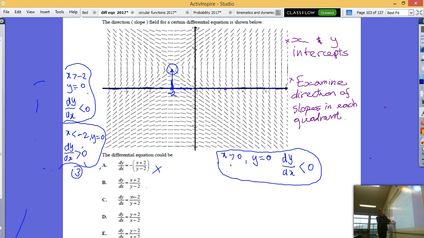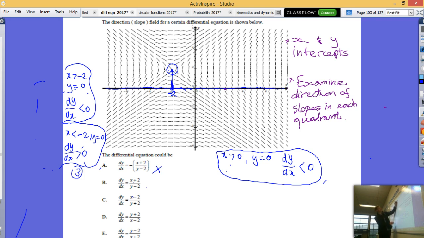The numerator is negative, the denominator is negative, which makes it positive, and that's consistent with what we saw on the axes. Okay? Tick. So we've ticked that one, we've ticked that one. If you can tick off 2, it's highly likely that's the correct answer. Okay? Sometimes you need to just be careful, check one more time. Alright? So that's why it's good to do at least 1, 2, or 3.